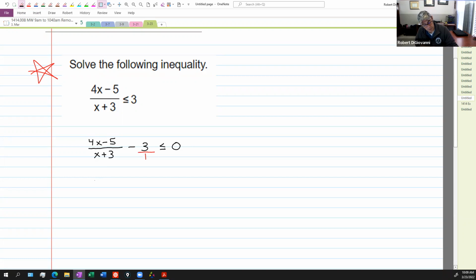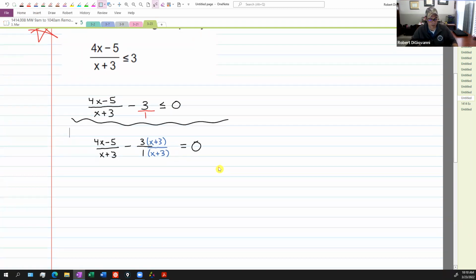So I'm going to take the 4x minus 5 over x plus 3 minus 3/1, but I'm going to multiply the top by x plus 3 and the bottom by x plus 3. And I'll leave it as an inequality.